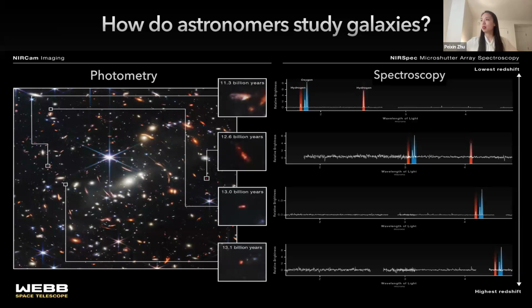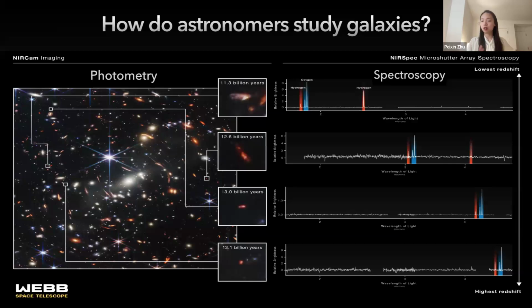And by studying certain emission lines in this spectrum, as shown in the blue highlighted emission lines and red highlighted emission lines, although these emission lines are located at different observed wavelengths in these spectra, we know that they actually refer to the same emission lines in vacuum wavelengths.